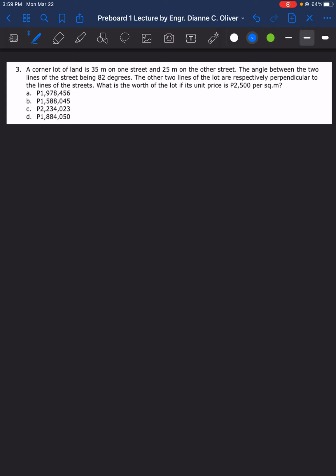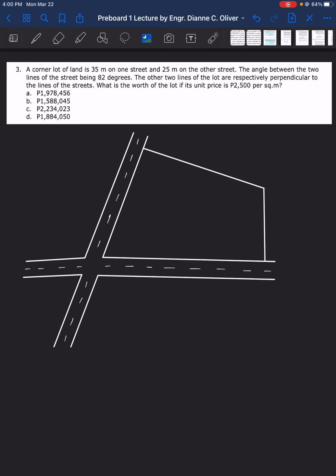Letter A, 1,978,456 pesos. Letter B, 1,588,045 pesos. Letter C, 2,234,023 pesos. Letter D, 1,884,050 pesos.